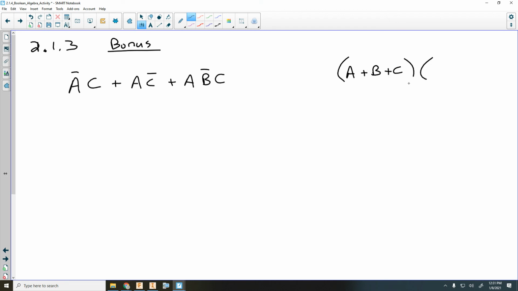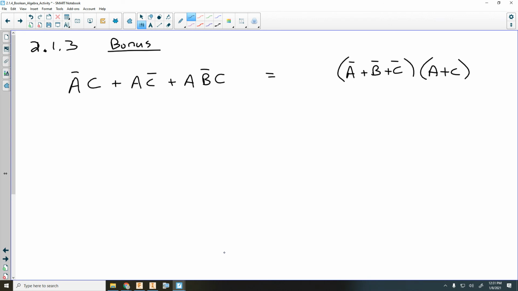A or C, and then I think that's and A naught, B naught, C naught. Okay, now we know from doing that section that those two equations have the same truth table. So there's your bonus question.